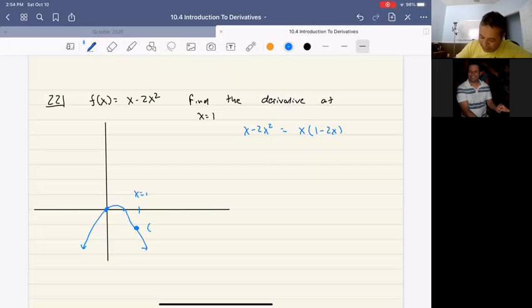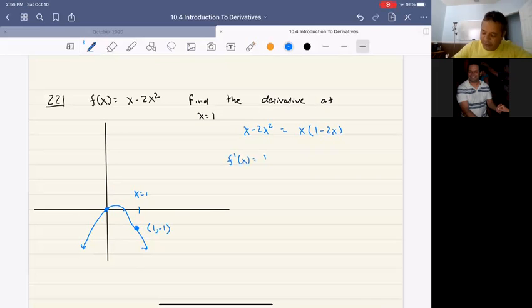Okay, let's say that's 1, negative 1. So we're going to find the value of the derivative, or the slope of the tangent line. So now we know it should be negative. If we get something that's not negative back, then something's wrong with our intuition. Okay, so let's find out the answer.